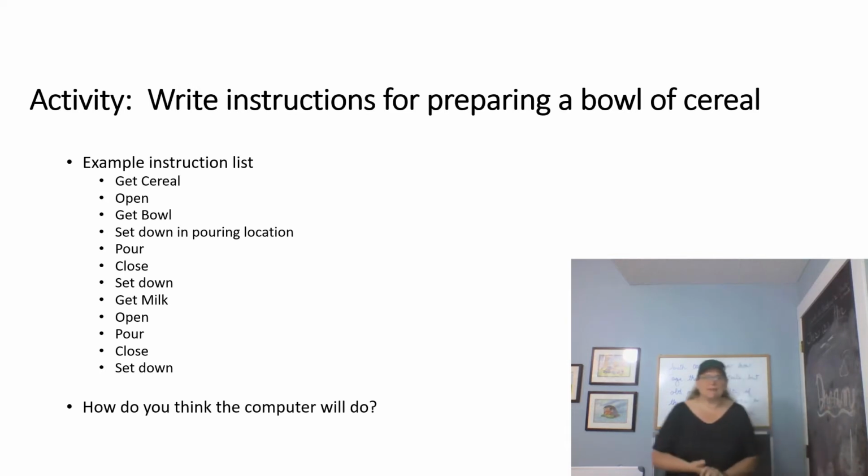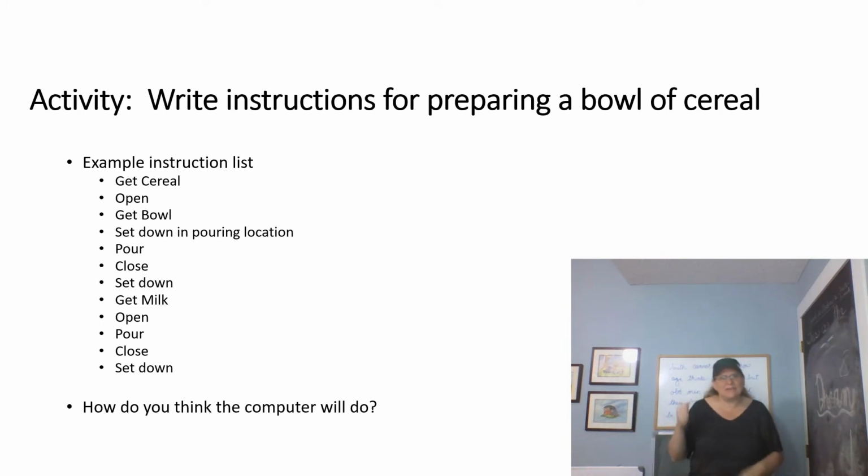Well, here's an example of instructions that we're going to give a try. The instructions are to get the cereal, open, well, you have the cereal, so you should open the cereal. Then get the bowl, set it down in the pouring location, pour, close, so I guess that's supposed to be for the cereal, and then set down whatever you have in your hand.